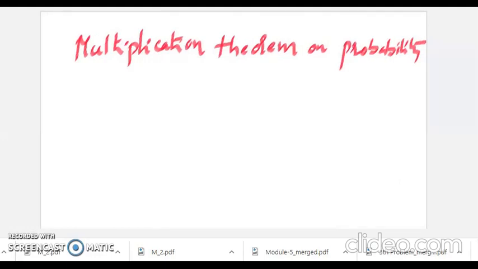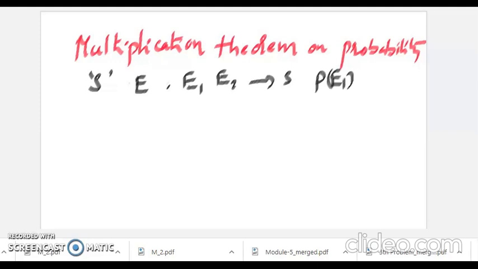Now, very important theorem, multiplication theorem on probability. Let S be the sample space associated with the random experiment E. Here E1 and E2 are two events in the sample space S, such that P of E1 not equal to 0 and P of E2 not equal to 0.